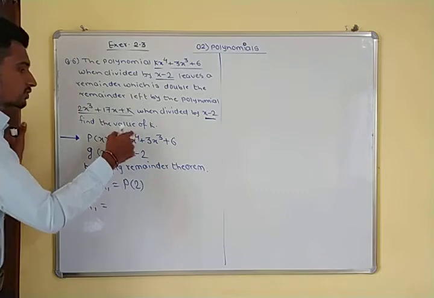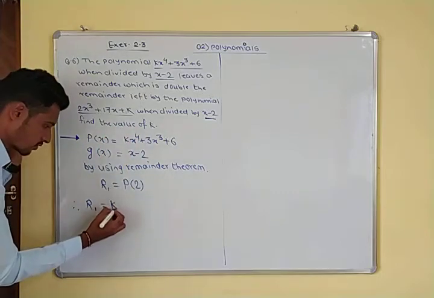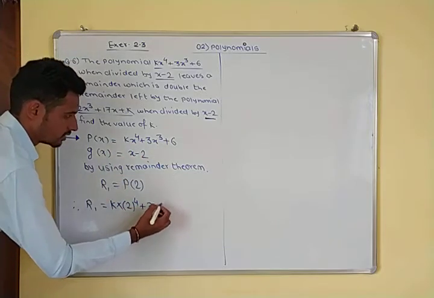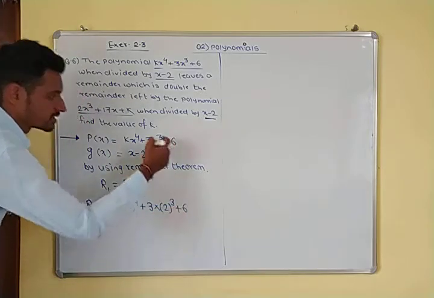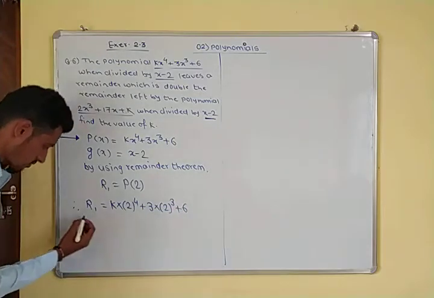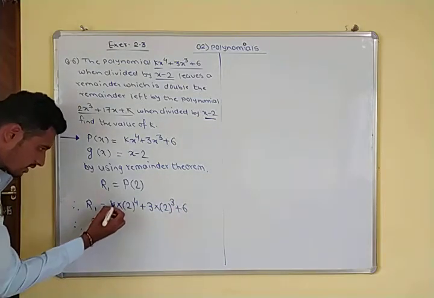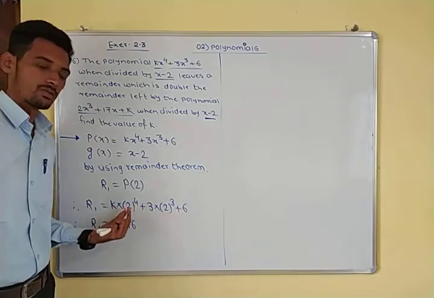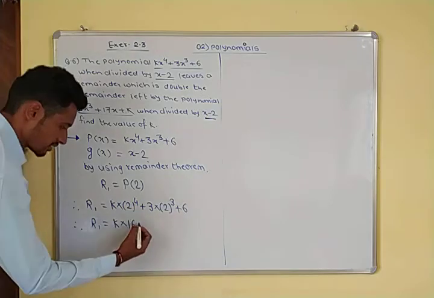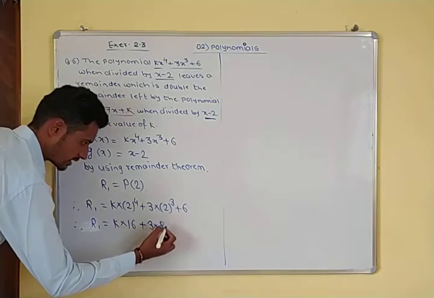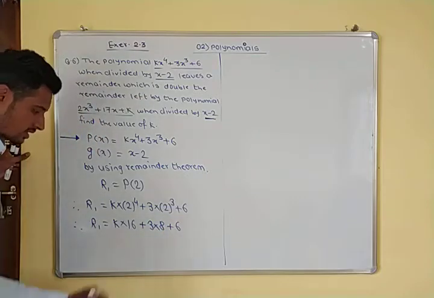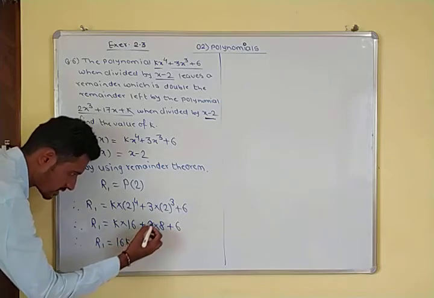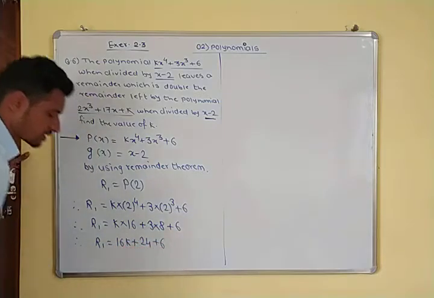x के बदले 2 पुट करना है, so p of 2 is k into 2 to the power 4 plus 3 into 2 cube plus 6. 2 to the power 4 is 16, and 3 into 2 cube is 3 into 8, which is 24, plus 6.